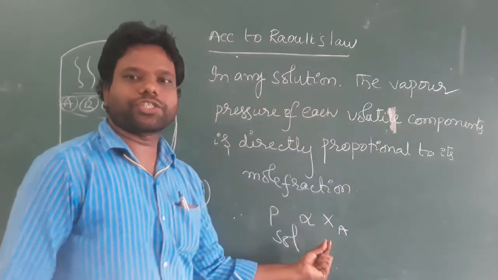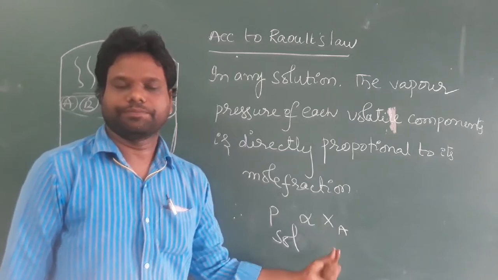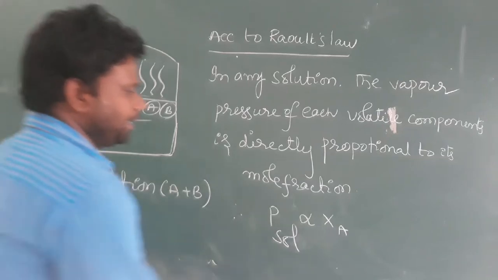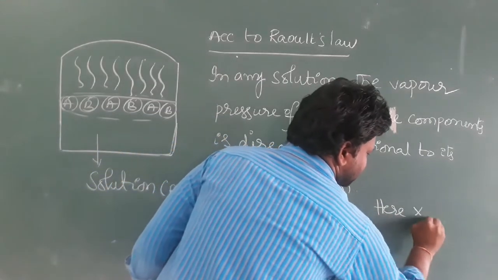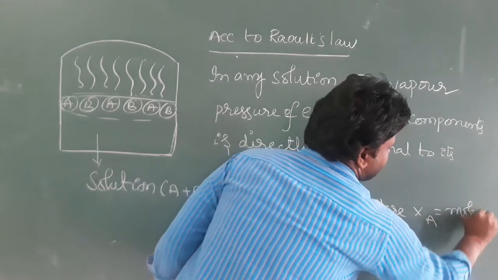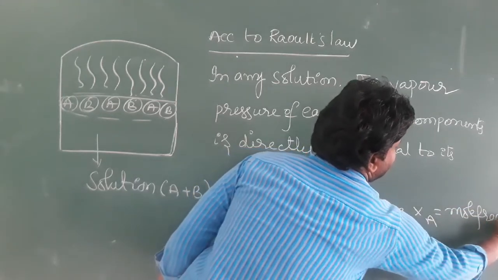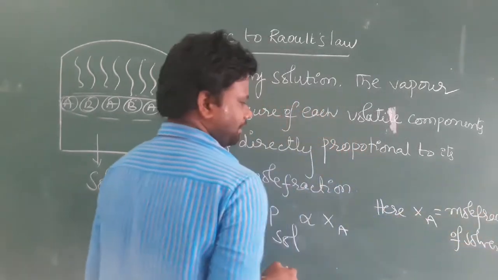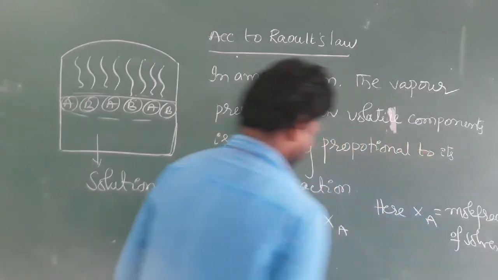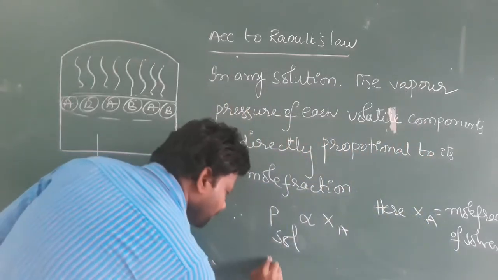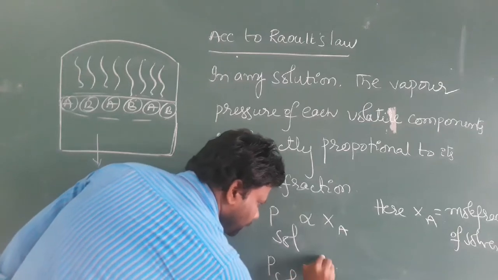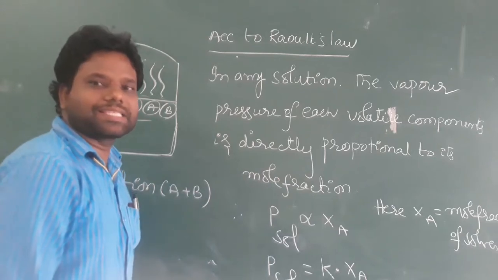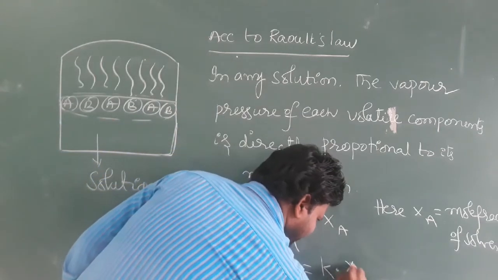Here X is the mole fraction of solvent, like A. Now the vapor pressure of the solution is equal to K into XA.